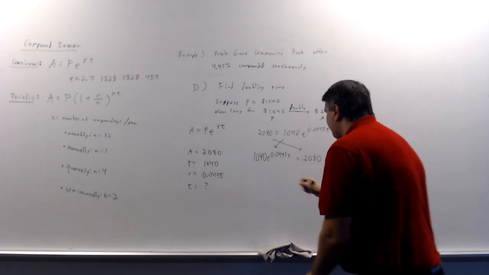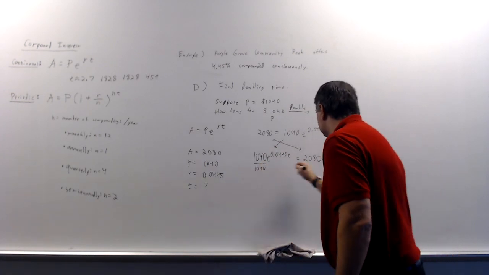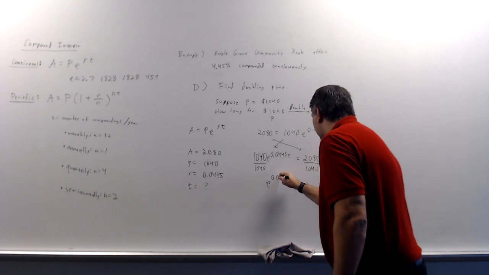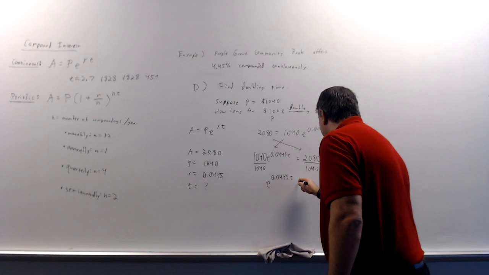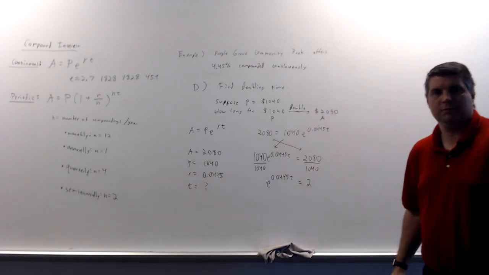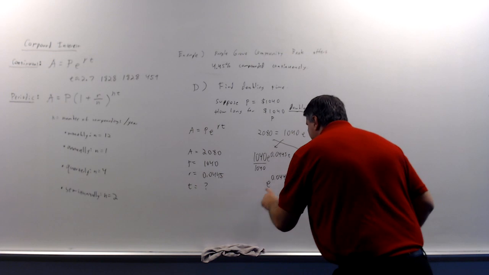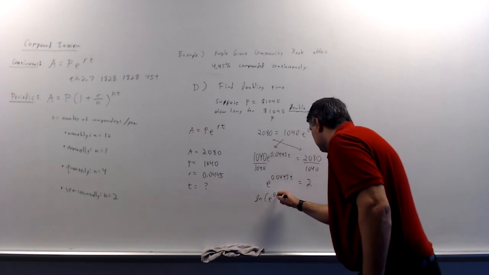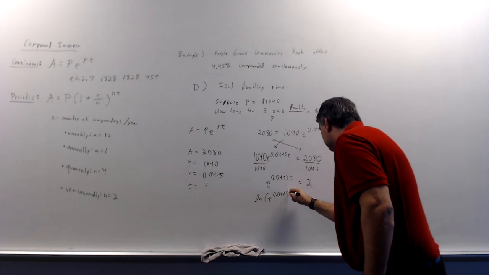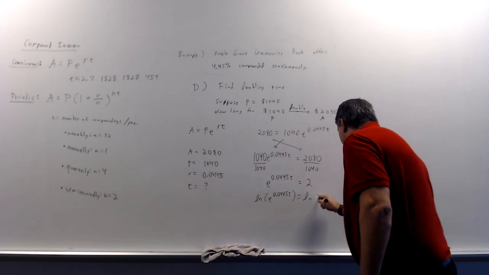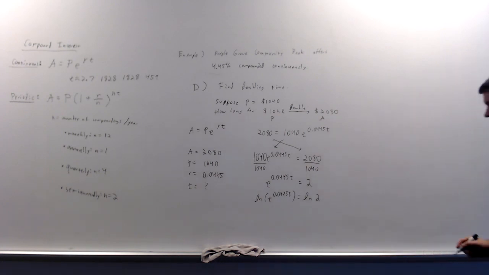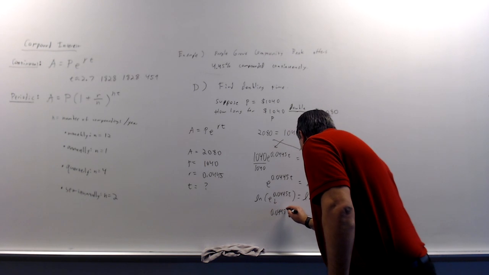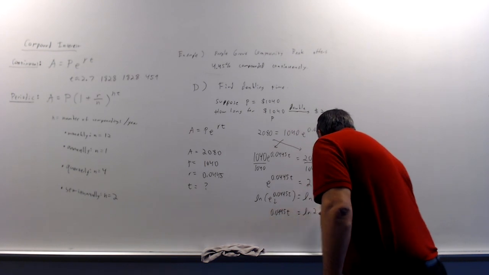So divide this off, and we have e to the 0.0445 t power equals 2. Okay? It's base e, so we'll use a natural log, which is log base e. All right? So that takes that out of the exponent. We have 0.0445 t equals the natural log of 2.